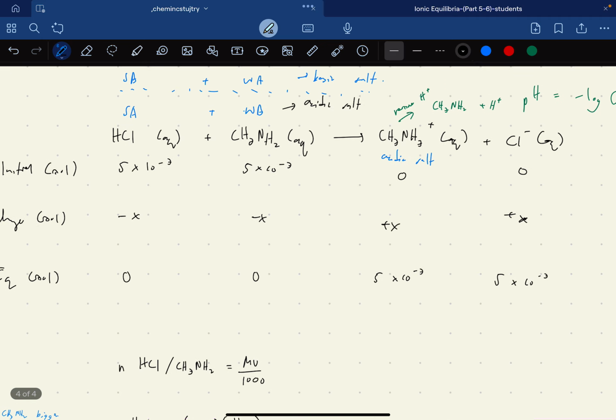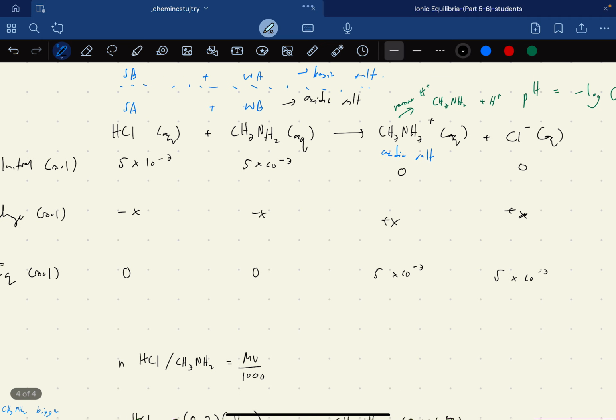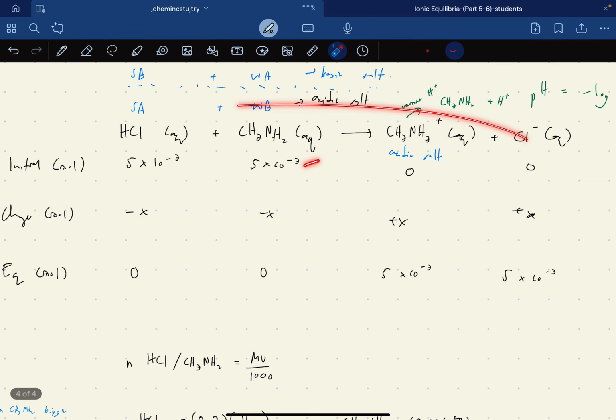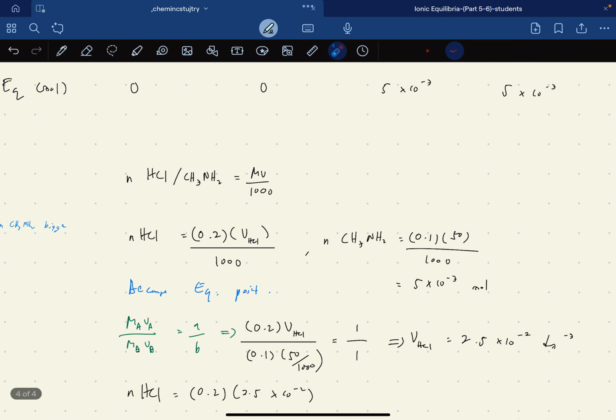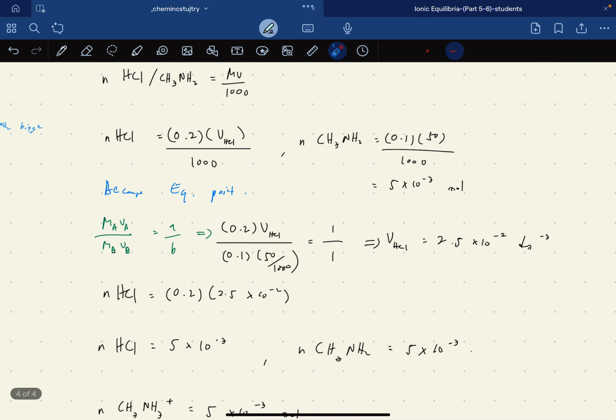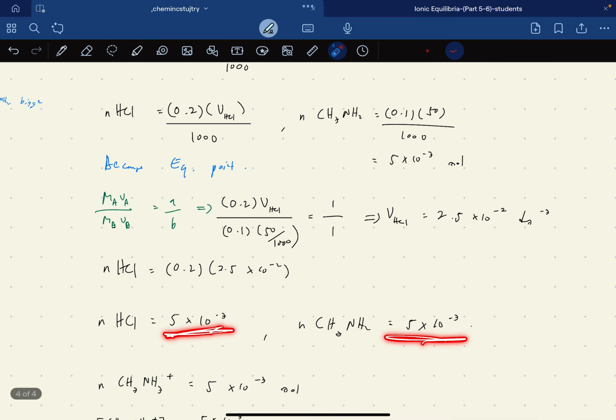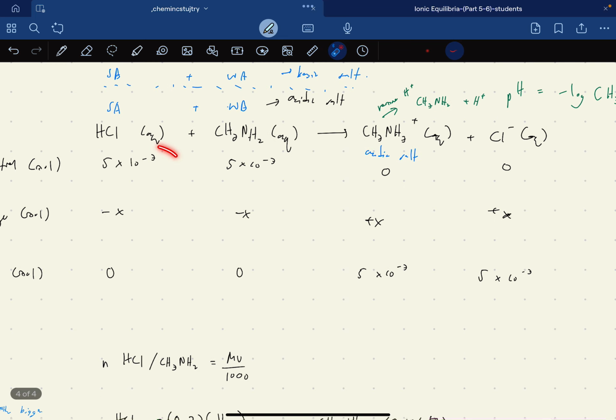So first, let's just recap. Analyze first whether it's an acidic salt or a basic salt. So we know it's an acidic salt. Then we do an ice table in mole form to find the limiting reactant. Coincidentally, our limiting reactants are the same, so when it's the same, just take the limiting one.